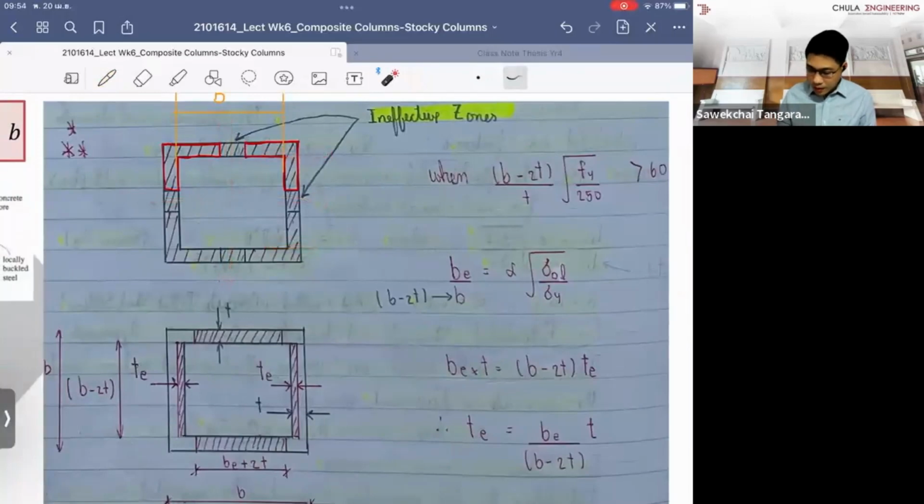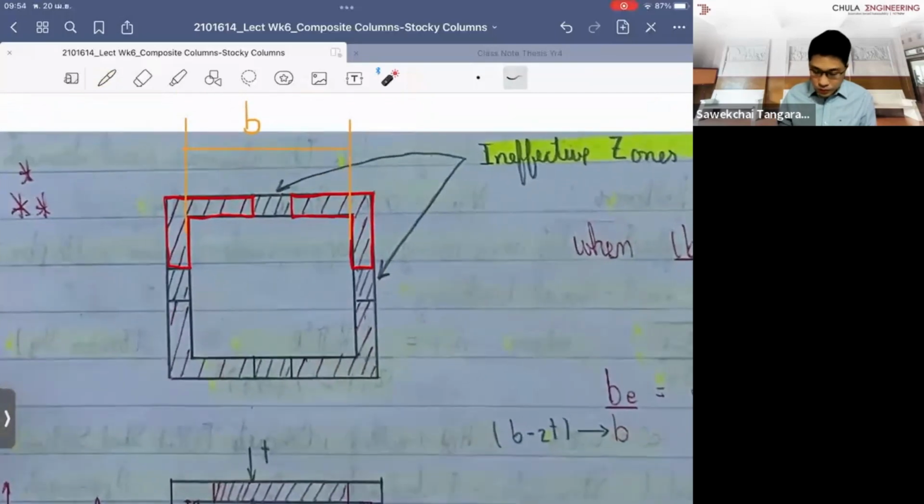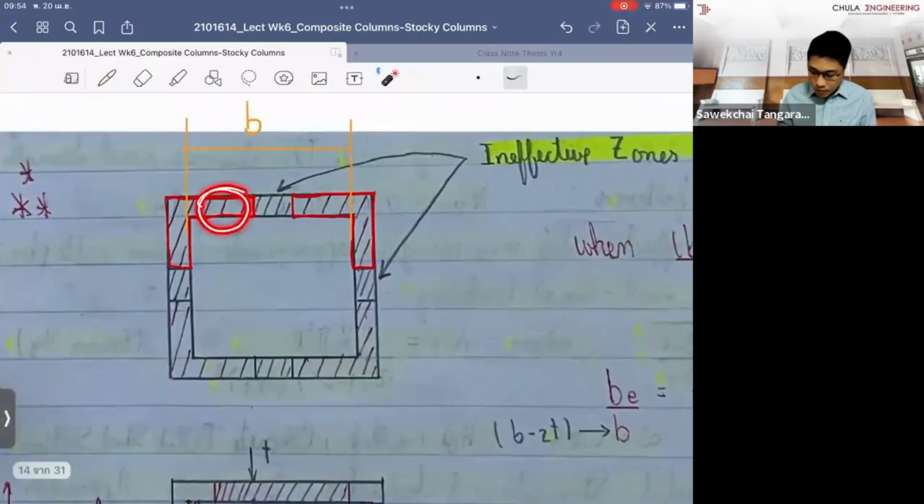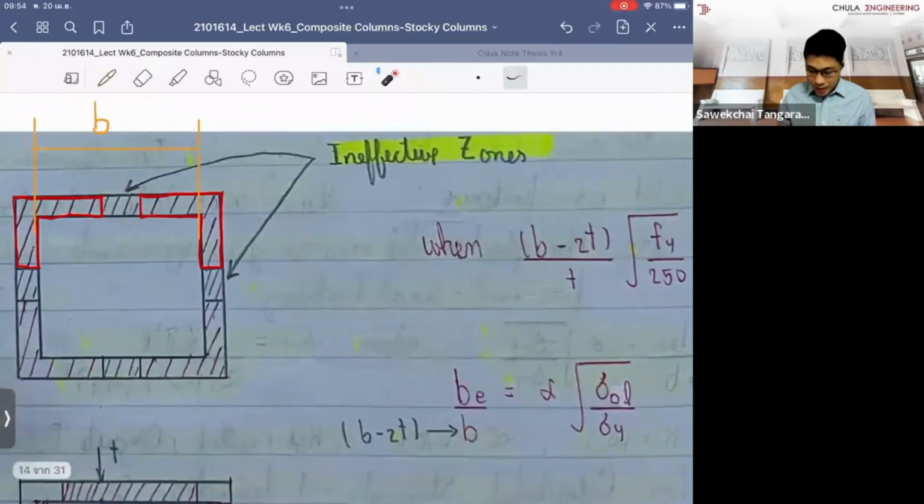To calculate the effective width, you combine these areas, the width of the left part and the right hand side part, and it is equal to BE.